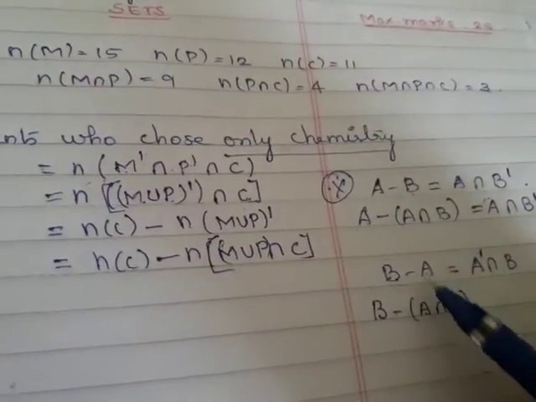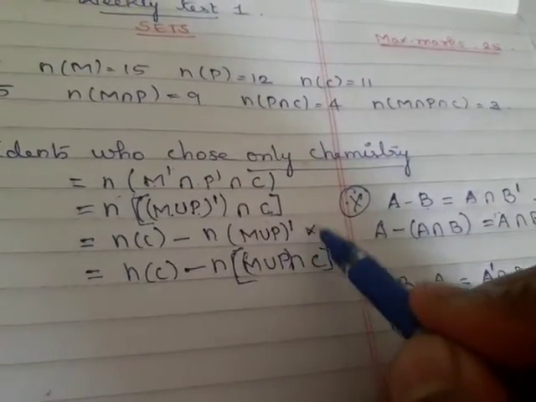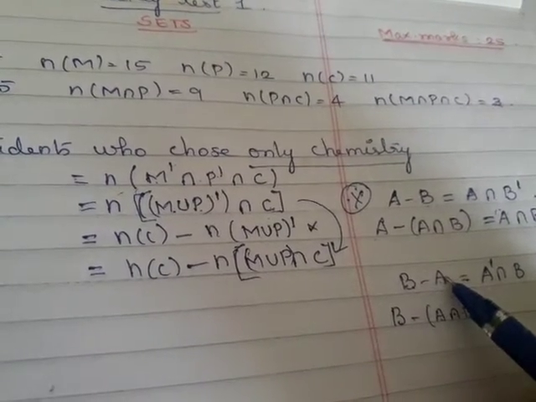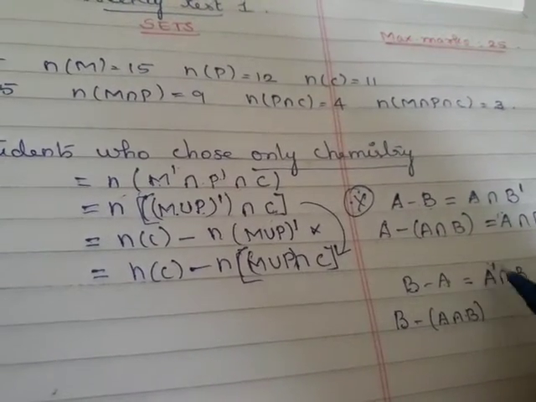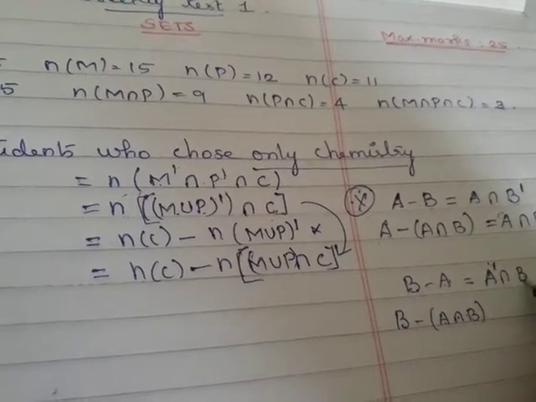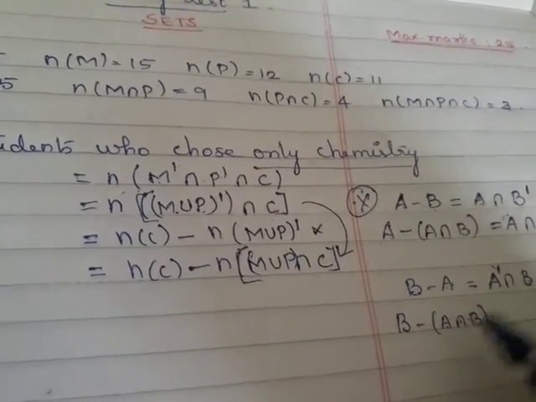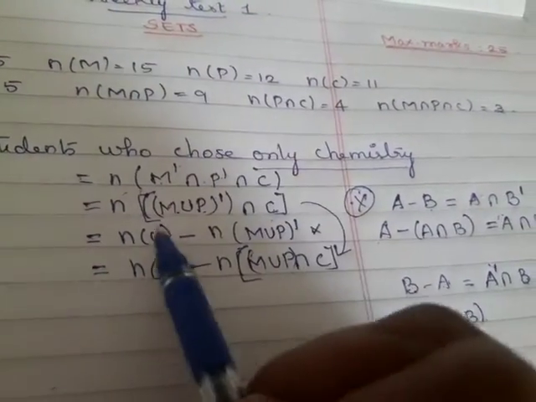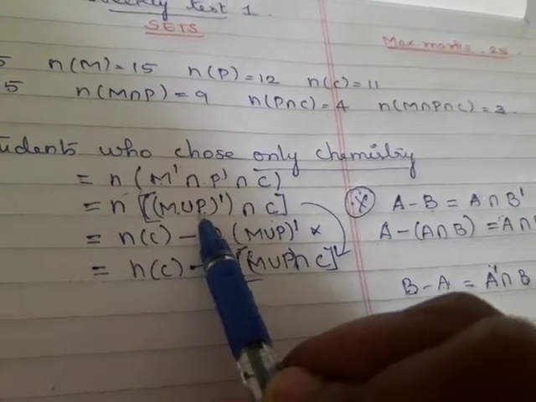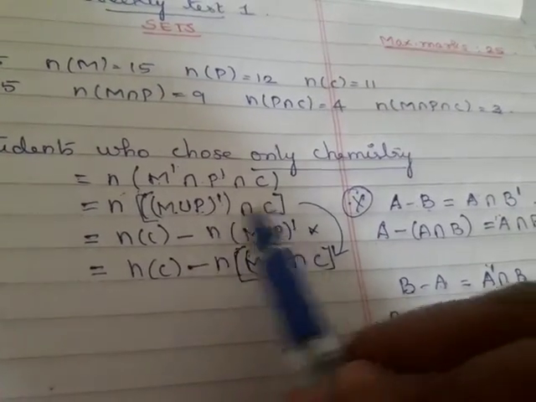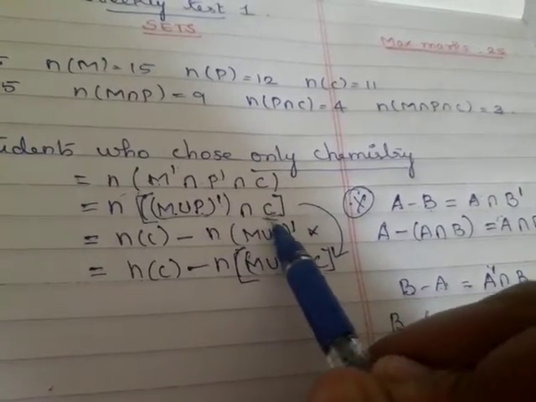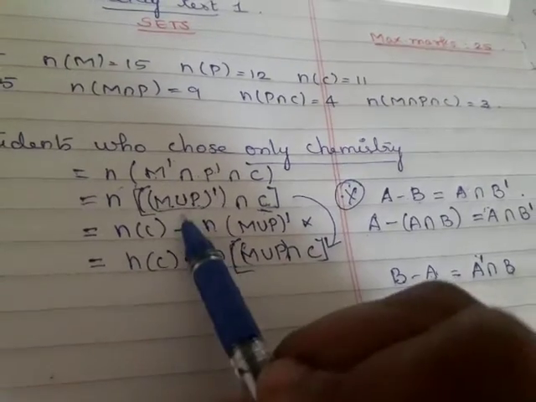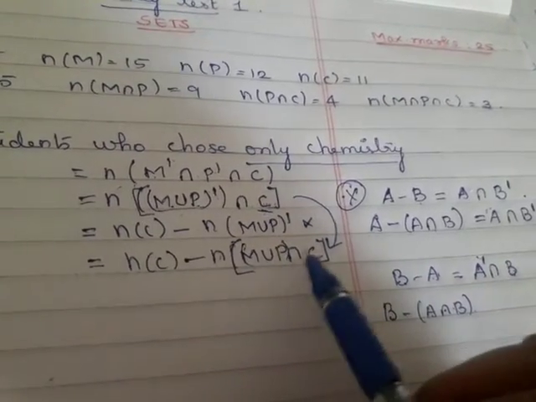So if you remember these results, instead of writing this result directly from here to here, you can write, b minus a can also be written as a dash intersection b, and this a dash intersection b can also be written as b minus a intersection b. Okay, understood? Here a is M union P the whole dash, intersection C, a is M union P, b is C. Okay, so the second set we have written first, minus n of a intersection c, M union P intersection C.